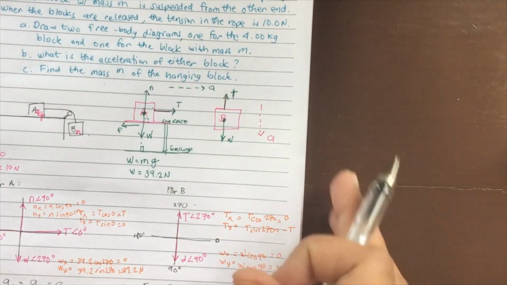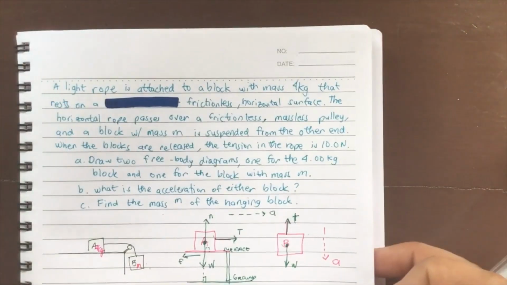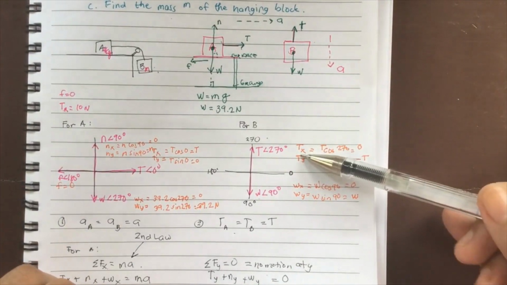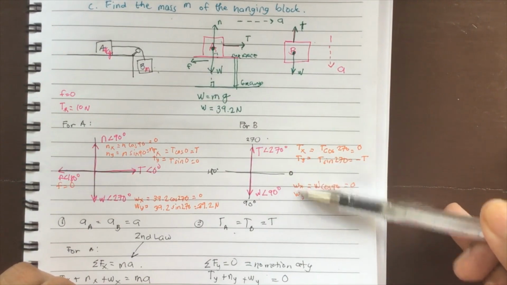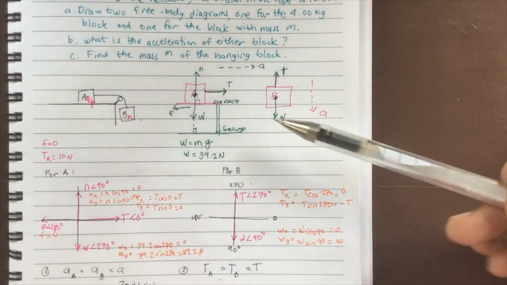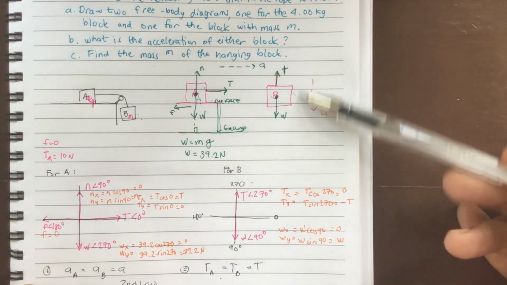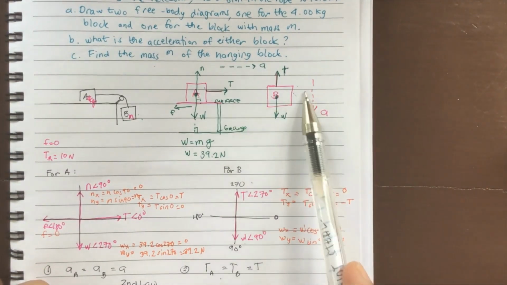Now for letter C, we will be using your block B. So for block B, we have this FBD here. So Tx and then Ty, then Wx and Wy. Now please take note that the motion of block B is only at your y-axis, no horizontal motion.